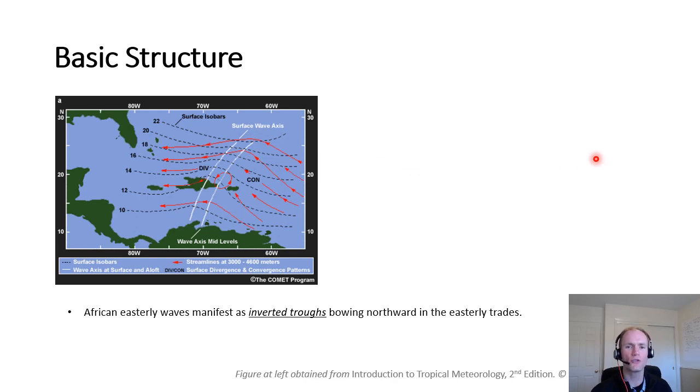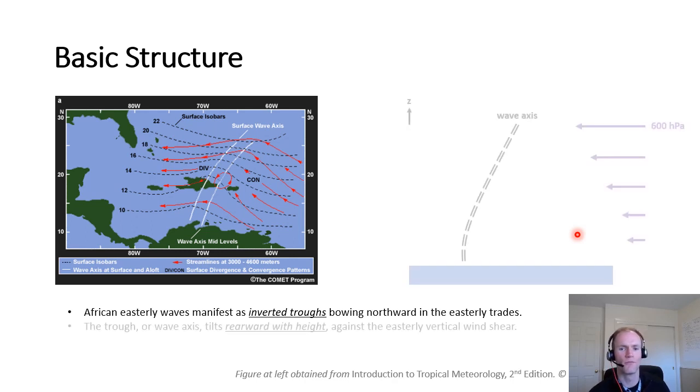So African easterly waves manifest as inverted troughs. We call them inverted because they bow upward, which in the mid-latitudes we're used to seeing in terms of areas of high pressure, as compared to troughs in the mid-latitudes that bow like this, associated with areas of low pressure.